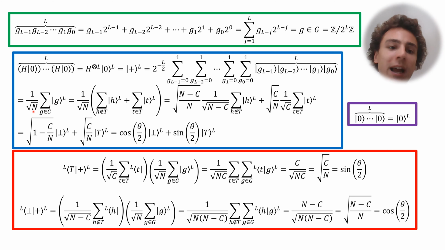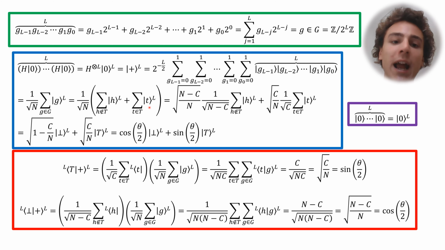Now let's have a look at this sum and split it up into 2 parts. So we're going to split up all of those L-qubit computational basis states into 2 categories. We're going to have the non-targets and the targets. The target states are L-qubit computational basis states that are labeled by these little t's.